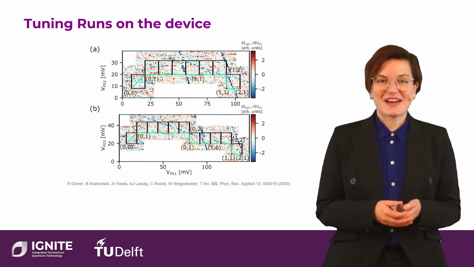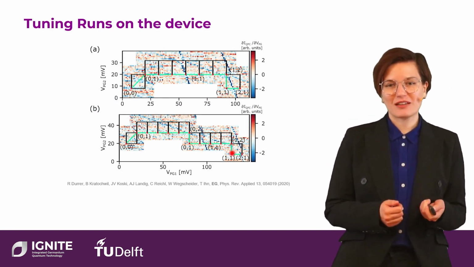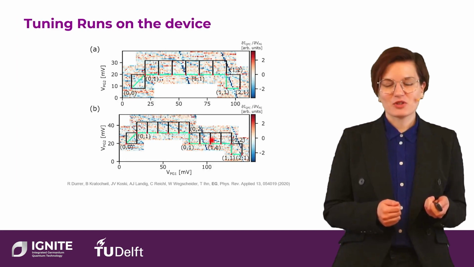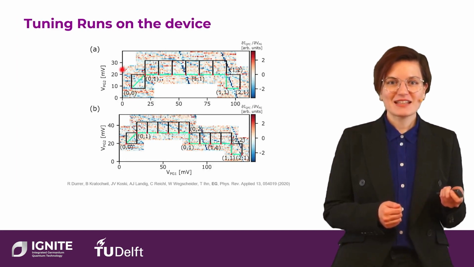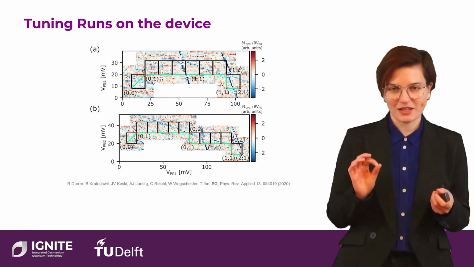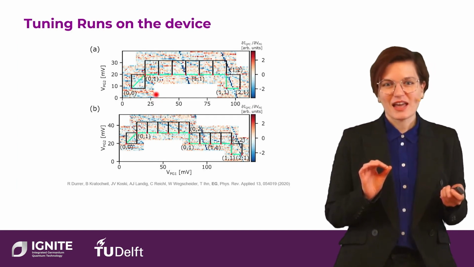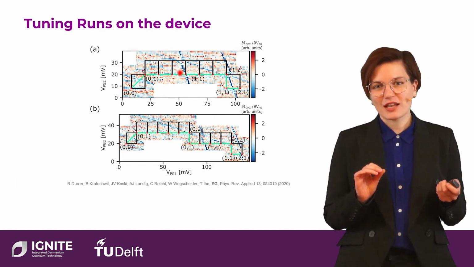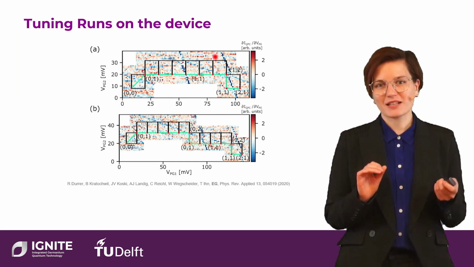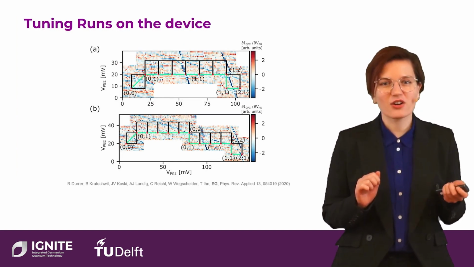So in practice, these are the measurement runs on an actual device. The first thing I want you to notice is that the data from these patches, if you compare them to this beautiful charge stability diagram we showed at the beginning, are really noisy. And sometimes I have to say that I would be hard pressed myself to actually guess, is there a transition here or not?